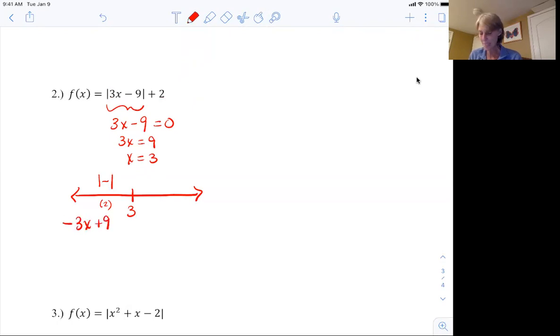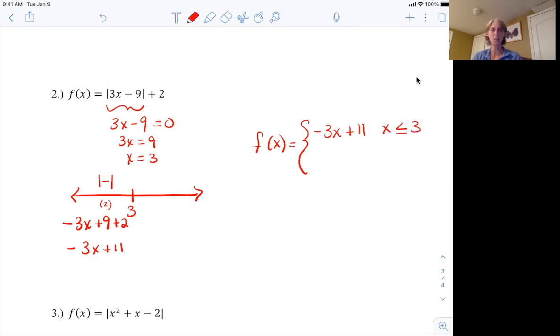But now I have to attach on that plus 2 at the end, because that's how I'm going to finish my problem. So this becomes negative 3x plus 11. So if I was writing this function, I'll do it one step at a time this time. Negative 3x plus 11 when x is less than, we'll attach the 3, or equal to 3.